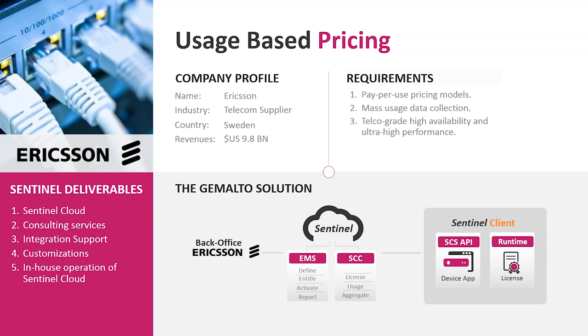So they wanted to go to a pay-per-use model, and of course that required collecting some data to understand when something was in use versus when it was instantiated, right? And this really gave them the ability to have high availability and to offer their customers, in their words, ultra high performance, right? So again, you can see the deliverable, I'm not going to go into every product name, right? But again, we offered some level of software and services to Ericsson to really get to this piece now.